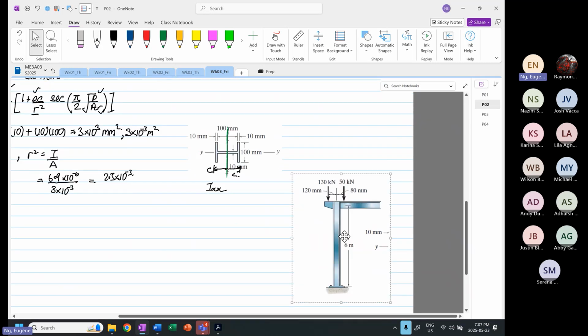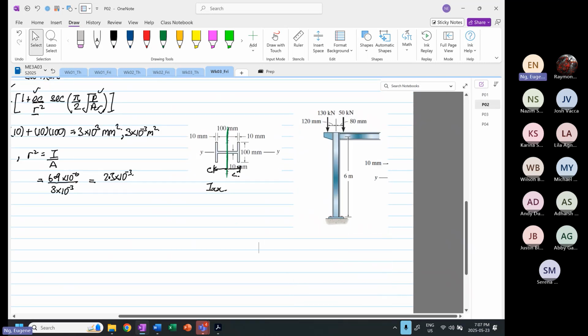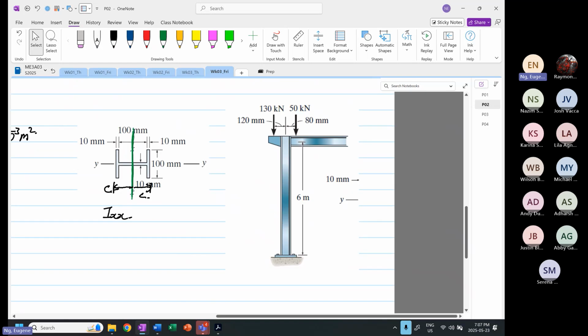Right, so this is our structure now. We know that this is our Y, and this is our Z, and we have a rotation about X. We have calculated the moment to be acting somewhere over here, the resultant moment.